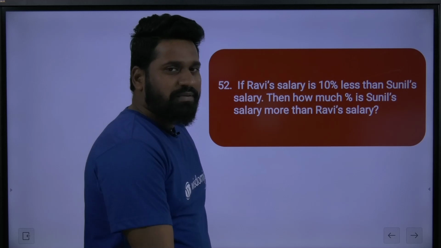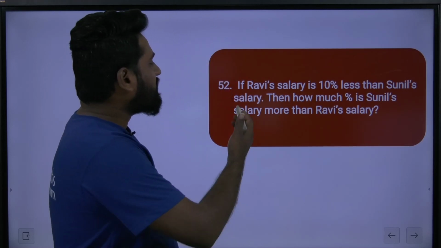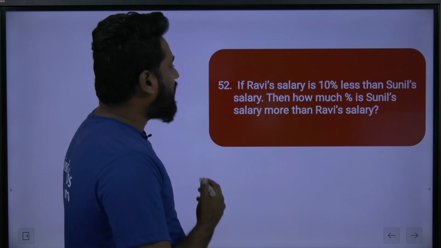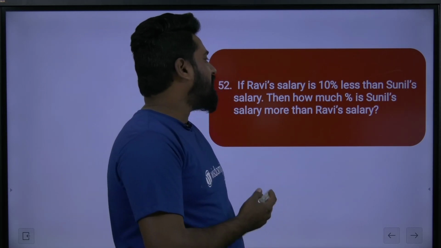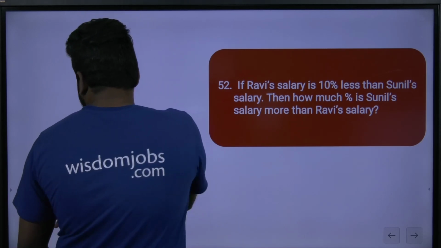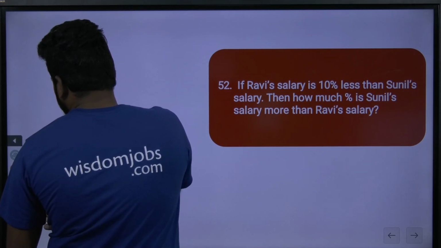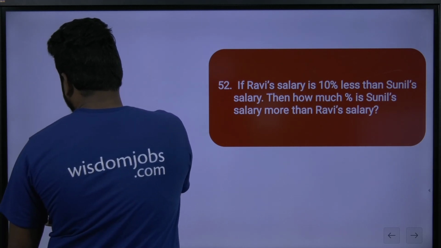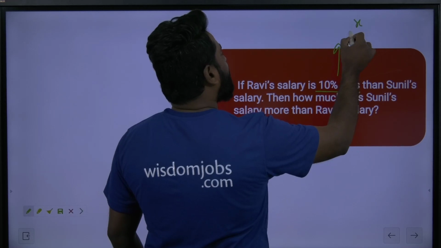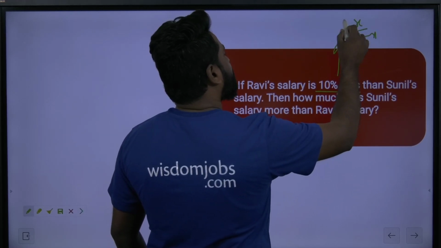So again, the same type of question is given. If Ravi's salary is 10% less than Sunil's salary, then how much percent is Sunil's salary more than Ravi's salary? Just now I told you, if you get any word like less in the beginning itself, here directly you can use the formula x by 100 minus x.